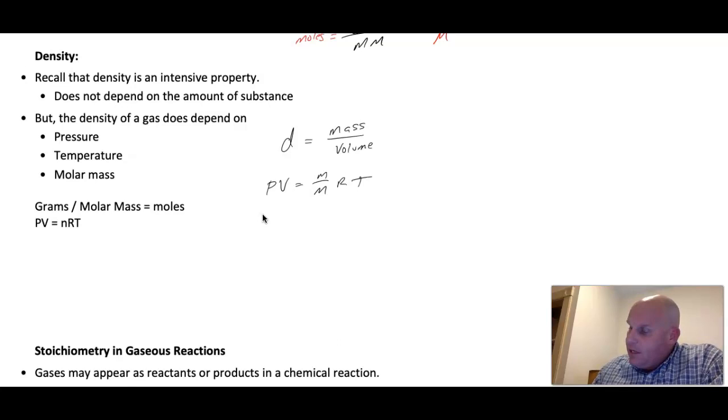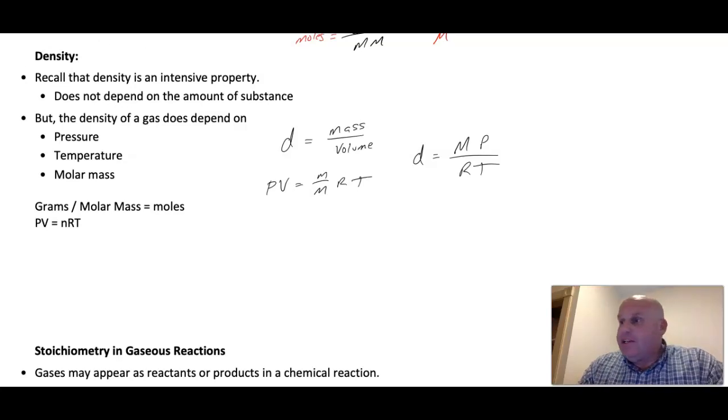And that looks like this. So density of the gas is the molar mass times the pressure divided by the gas constant times the temperature.